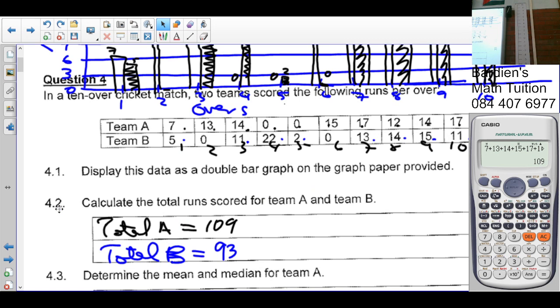Let's check. Check again if it's correct. So it's 5 plus 11 plus 22 plus 2 plus 13 plus 14 plus 15 plus 11. 93 is correct. Okay. Yes.